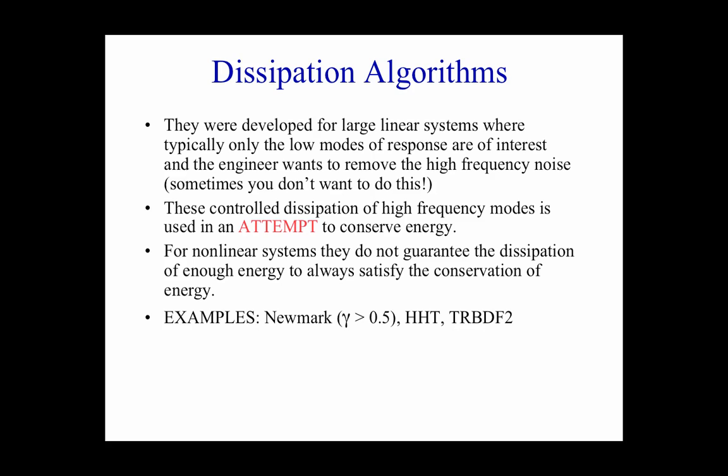And people have now been using them to dissipate the energy that's coming in for these nonlinear systems. Examples of these integrators are basically the Newmark family of integrators. When gamma is greater than 0.5, the algorithm dissipates energy. The other two algorithms are HHT and the TRBDF2.